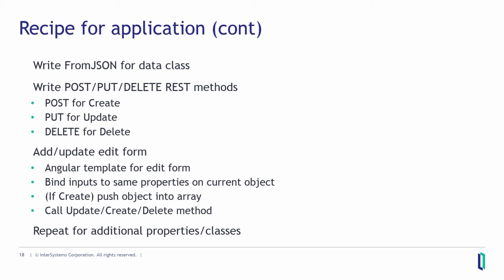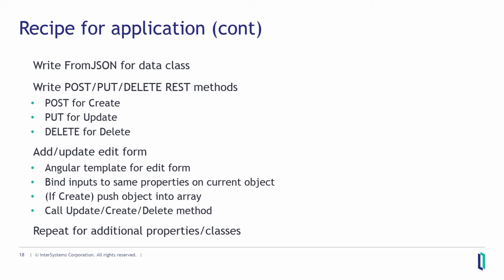And then on the front end, we're going to write an update or an edit form. We can use an Angular template for this so that it's repeatable and we can load it in wherever we need. It also separates out that code that actually interacts with the widgets or whatever your class is. We bind the inputs same as the view, but we make them writable fields instead of just read-only.